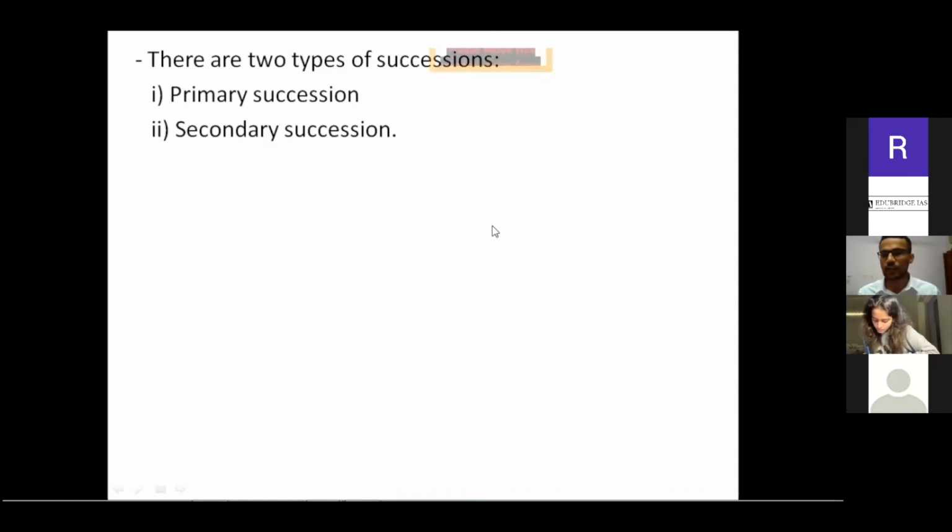It is a succession that occurs in an area where a complete or partial destruction of the existing community has occurred due to natural or man-made reasons.